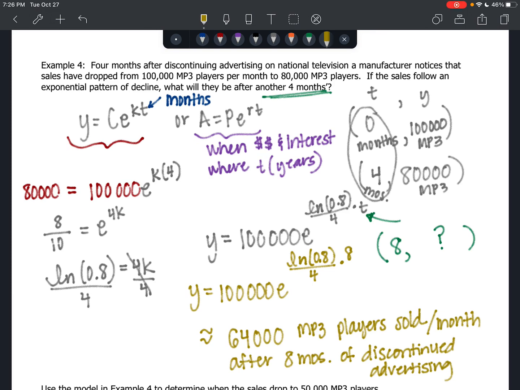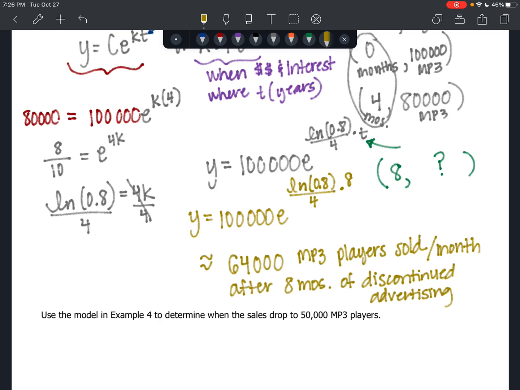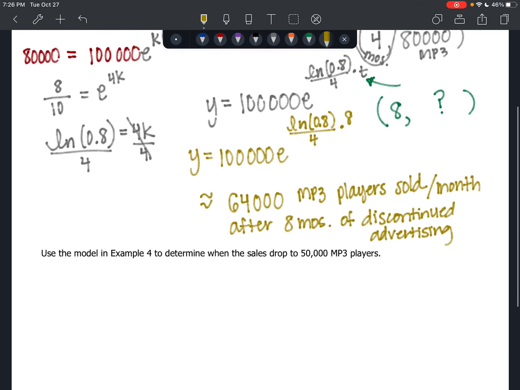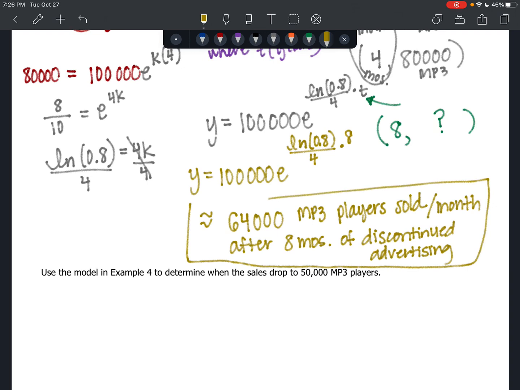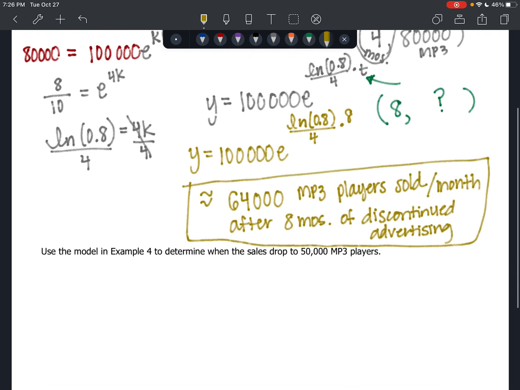The number of MP3 players sold per month dropped to 64,000. Okay, let's see if you can use this model in the example that we've just finished. This is our answer. Same exact model to determine when the sales drop to 50,000 MP3 players. See if you've got that.